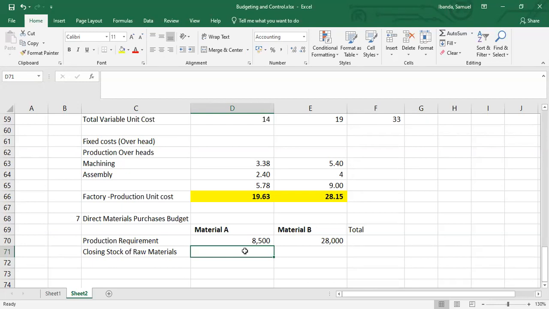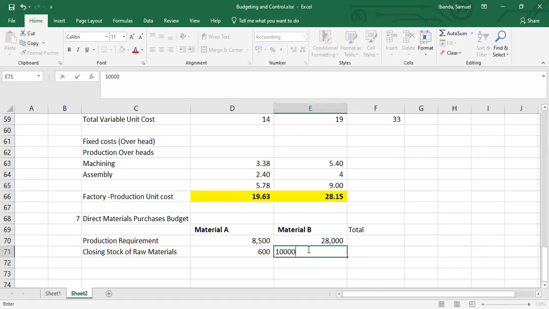Now, remember we are looking at the budget for the period ending 31st March 2016. So if the question gives us closing stock requirements at 31st March 2016 to be 600 and 1,000, it means that is what we need to close with at the end of the period.